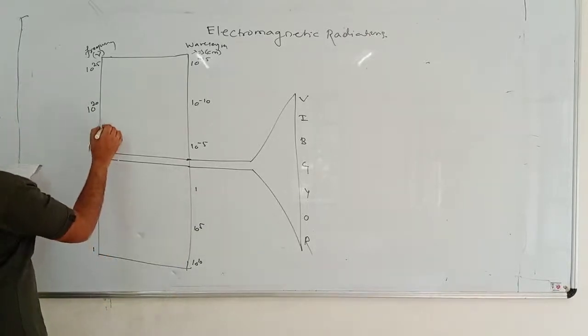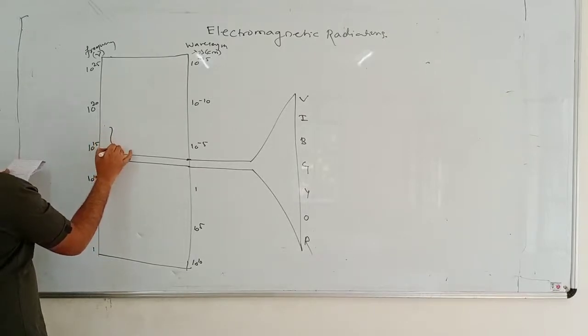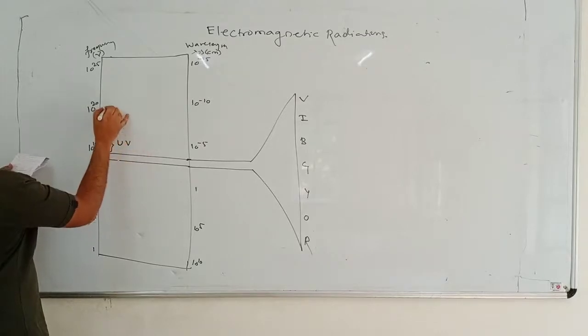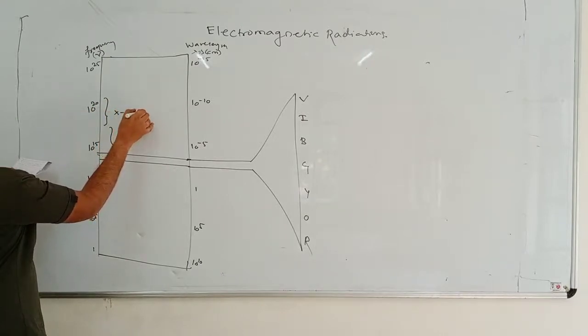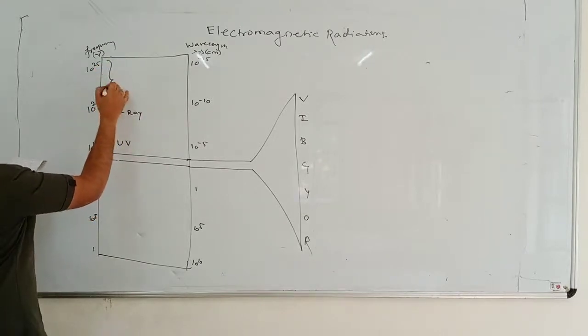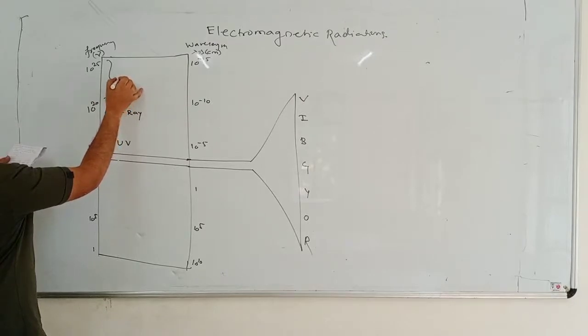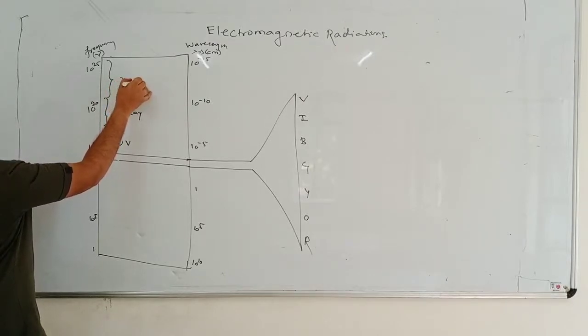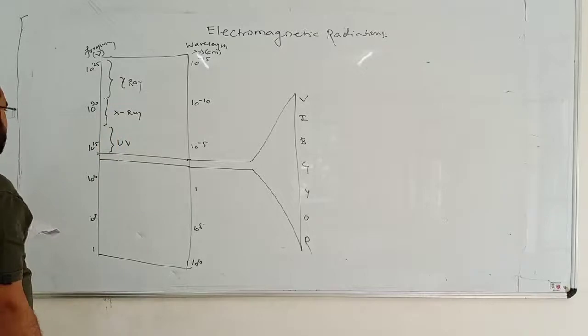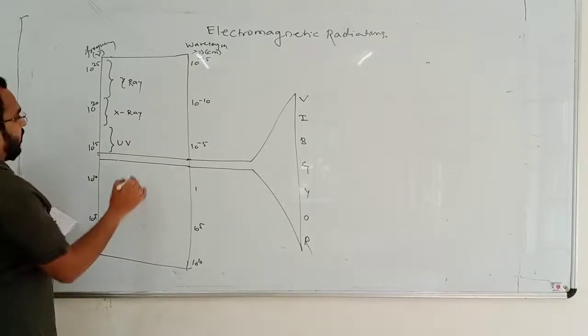Now up to this region, this is ultraviolet. From here to here, this is X-ray. From here to here, this is gamma ray. Okay, ultraviolet ray.